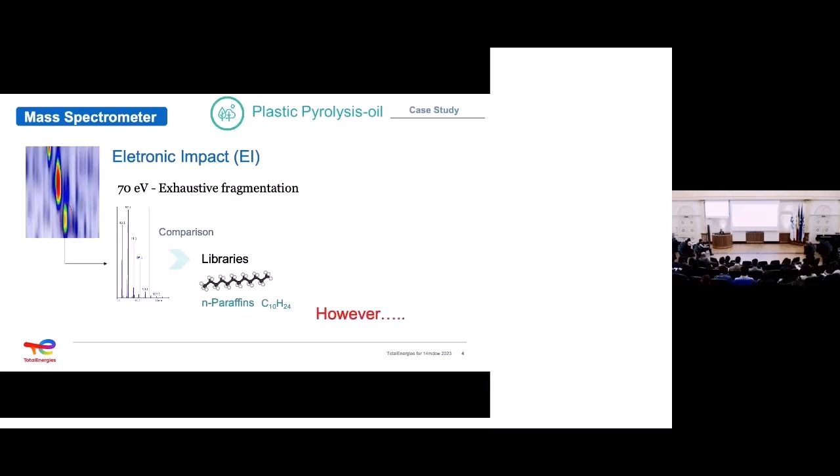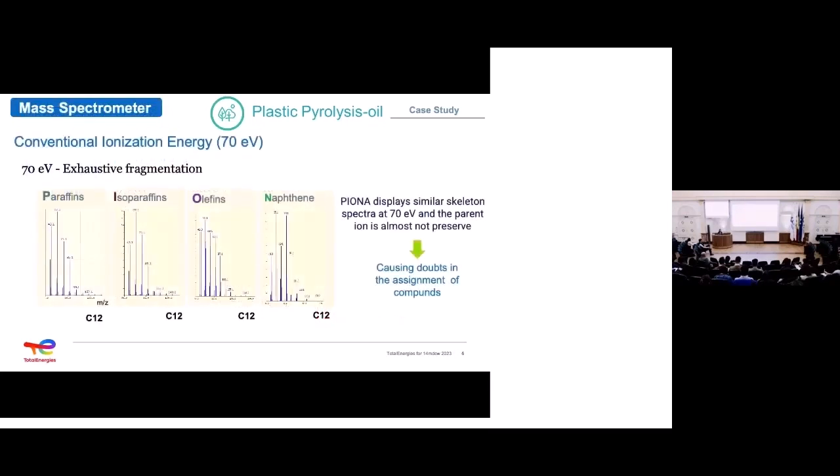However, with hard ionization, the assignment of compounds is sometimes challenging because paraffins, isoparaffins, olefins and naphthenes display similar spectra at 70 electronvolts, and the molecular ion is not preserved. This can cause doubts in the assignment of the compounds and also in the evaluation of the upgrading process, as I'm going to show in this example.